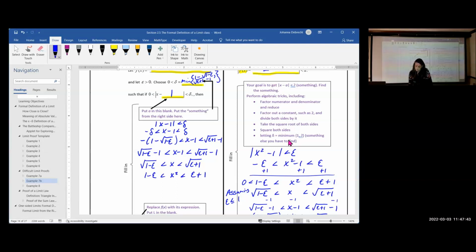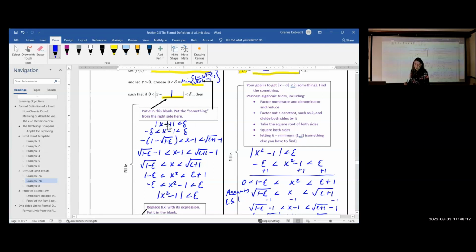The next step is to move the 1 back into the center by subtracting it from each part. And this gives us negative epsilon less than x squared minus 1 less than epsilon. That's the definition of the absolute value there. So now we can write the absolute value of x squared minus 1 less than epsilon. That's what we're trying to prove.